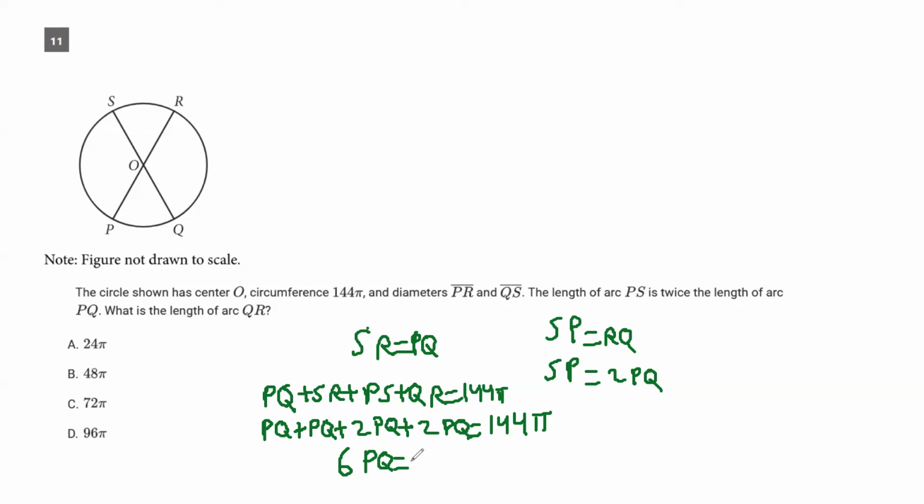Okay. 6PQ equals 144 pi. So then we're going to divide by 6. Okay, so then PQ equals 144 divided by 6, equals 24 pi.